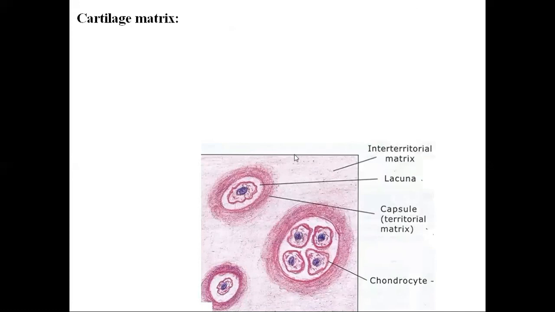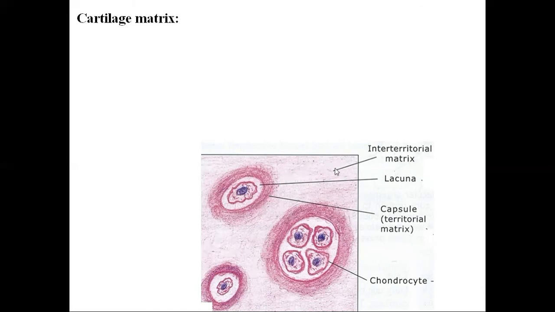Let's see cartilage matrix in detail. So this figure shows the cartilage cell. The space in which it lies is called lacunae, and a group of cells can be seen here. The newly produced matrix takes a deep stain, and that is called capsule, also called territorial matrix.